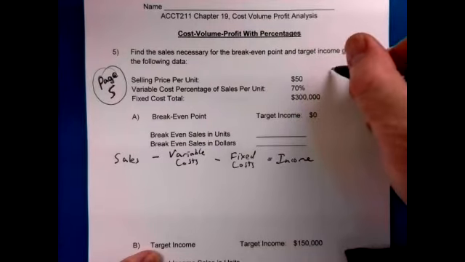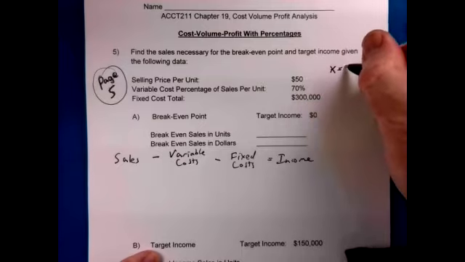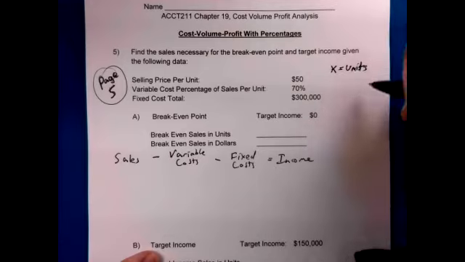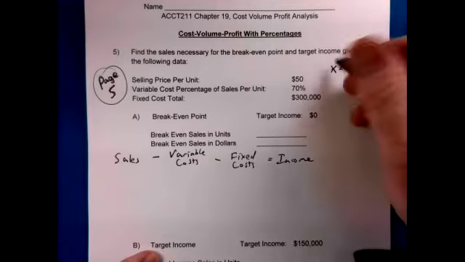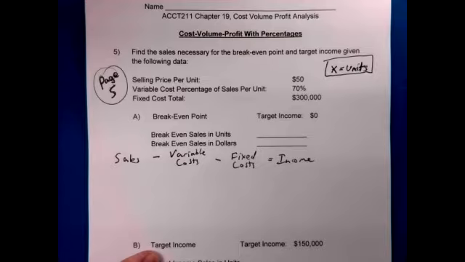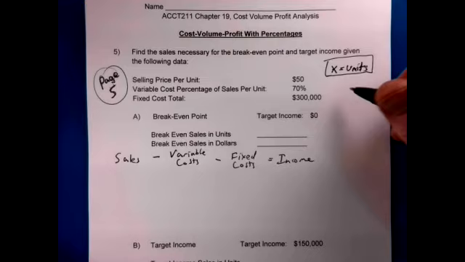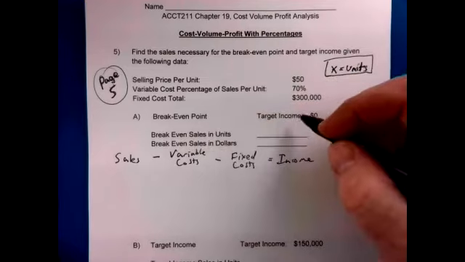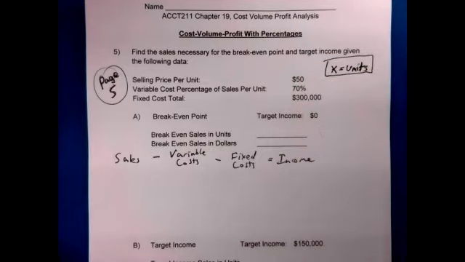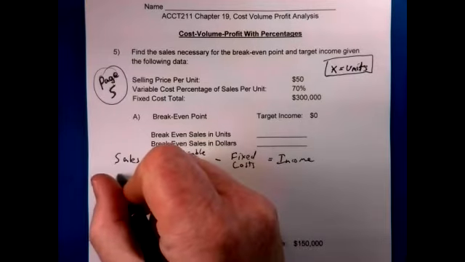So we're going to say that X equals units. We don't know how many units there are, but we know that each one sells for $50.